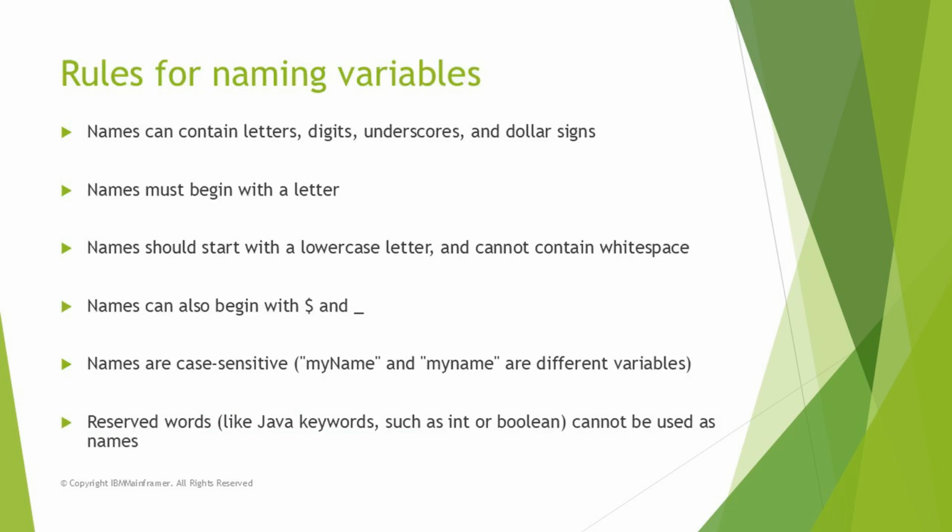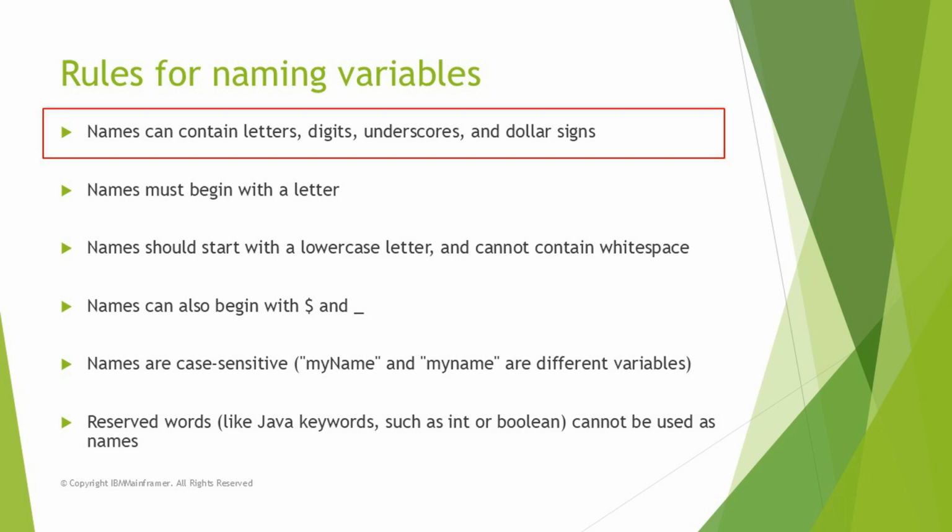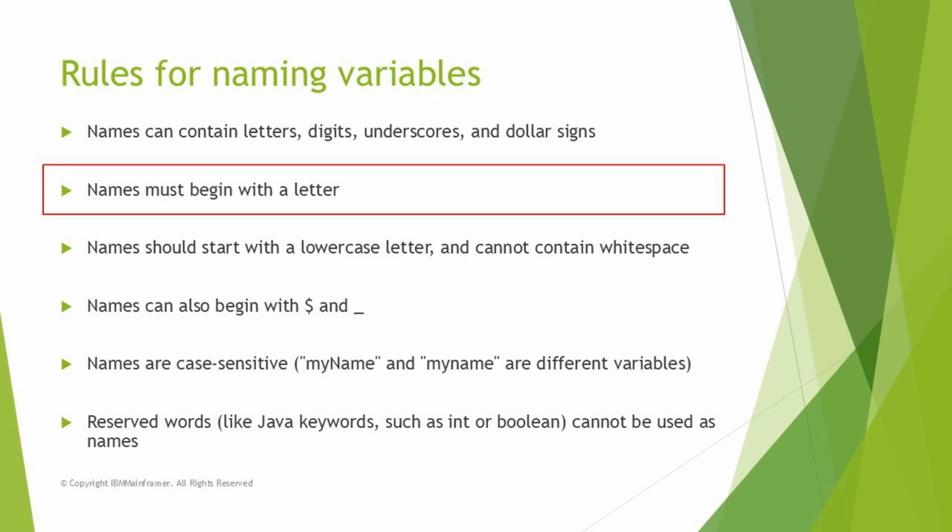Rules for declaring a variable name. There is a rule defined in Java to declare a variable name. The names can contain letters, digits, underscore, and dollar sign. Name must begin with a letter.